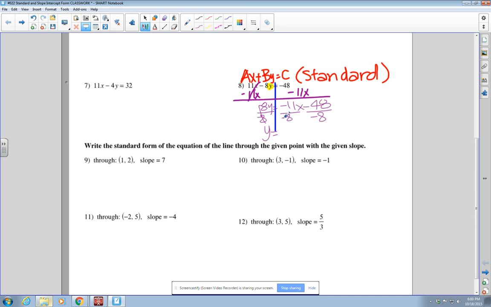And I know that 11 divided by 8 will stay as 11 divided by 8. So I'm just going to write 11 divided by 8 x. And then right here, keep in mind that a negative divided by a negative is a positive. So 48 divided by 8 will give us a positive 6. And this is our final answer right here.